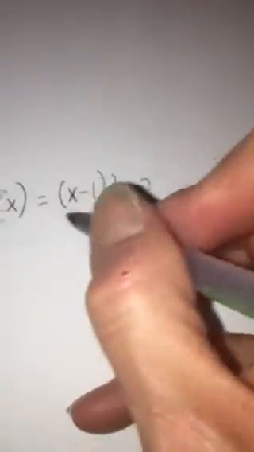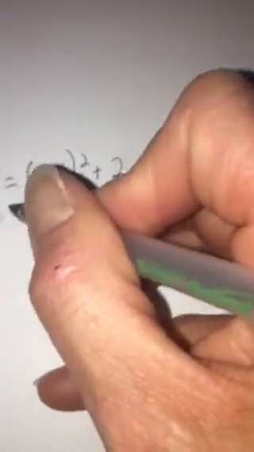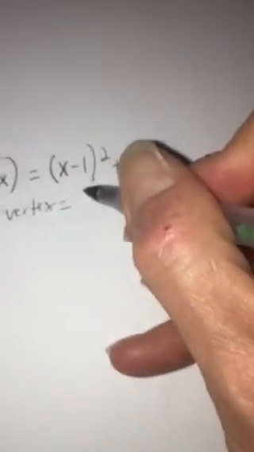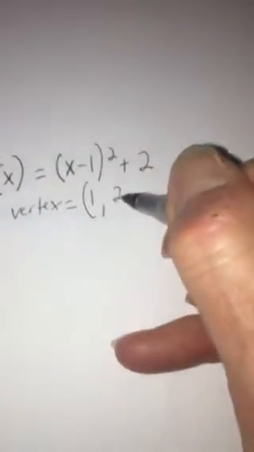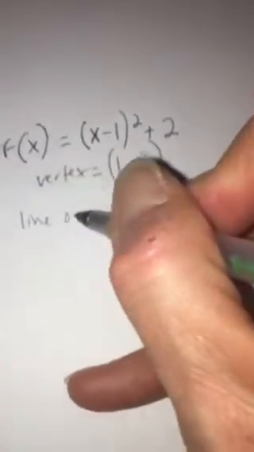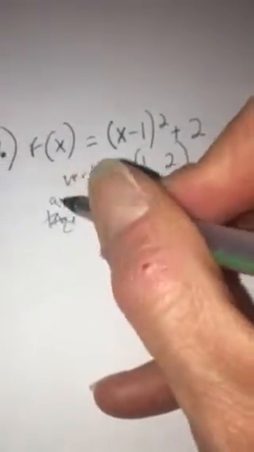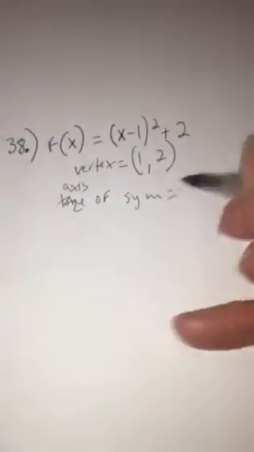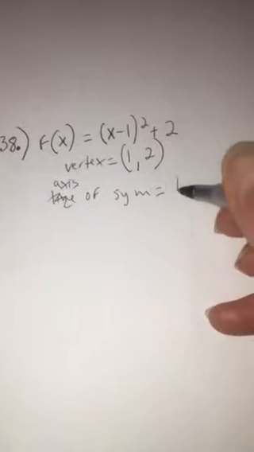Okay, and then for problem 38, you can see here that it is also in vertex form. So I can say that the vertex will be +1, +2. And the axis of symmetry is going to be 1, right?